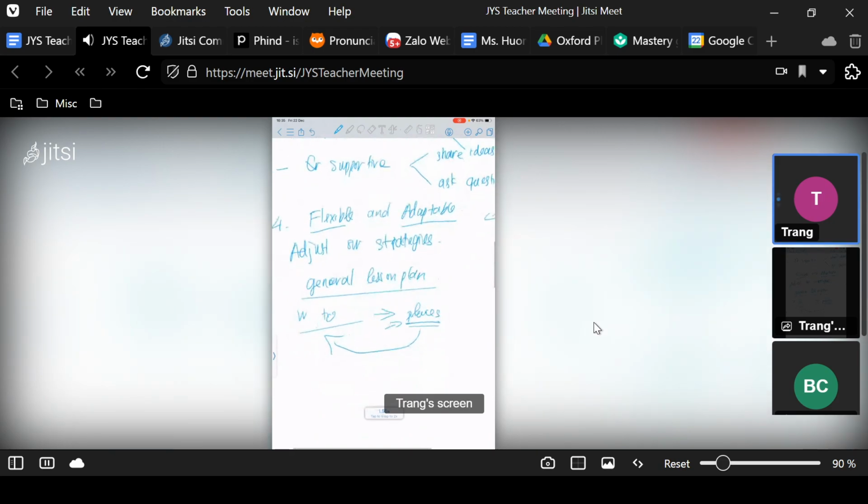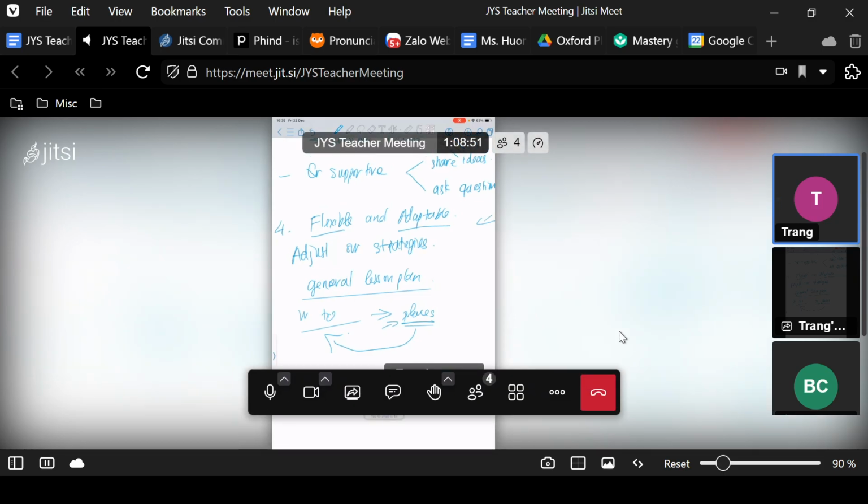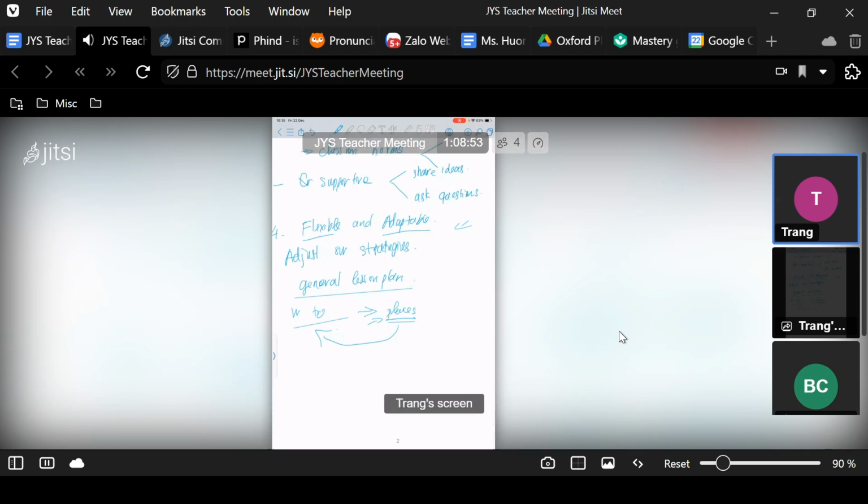This one, if we are teaching a topic in the book, but the students want to explore another topic.